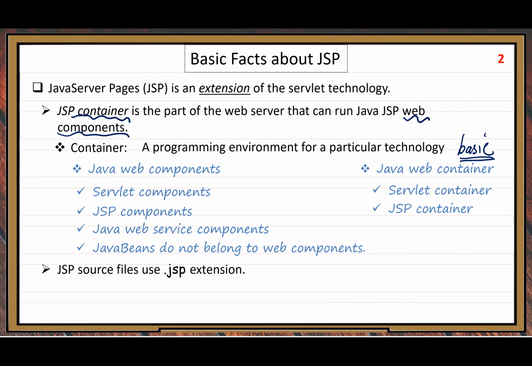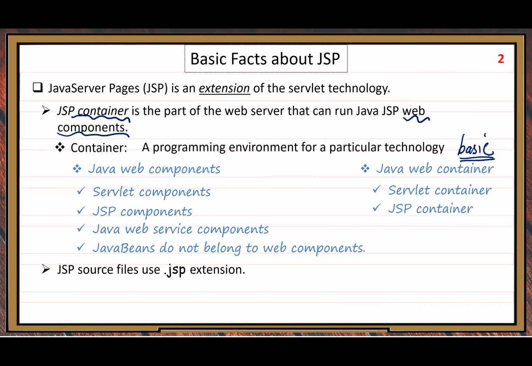Next, JSP source files use the .jsp extension. That's very natural, just like PHP uses the .php extension. Because when you use the .jsp extension, the Java web server will translate this file into a servlet file, internally and hidden from you.